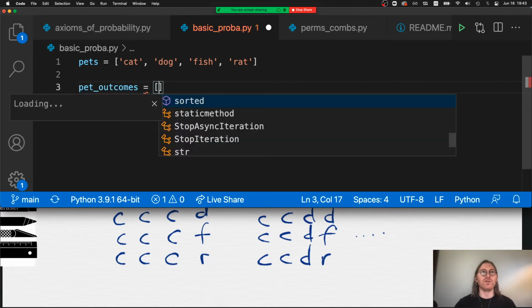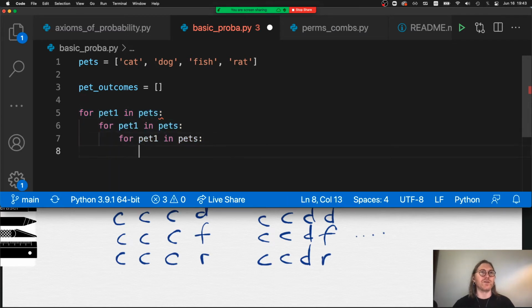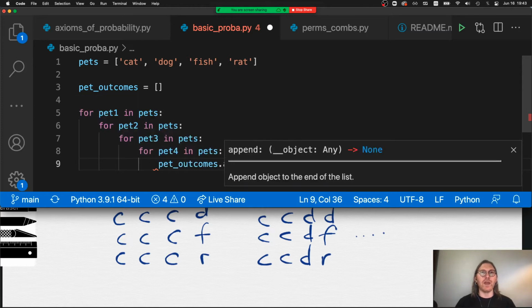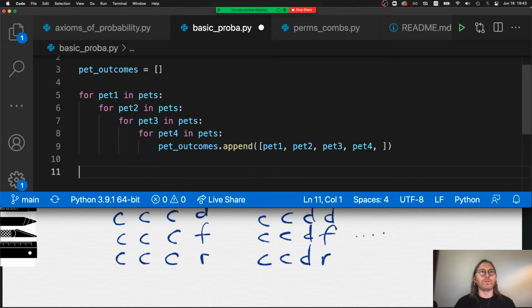we're going to collect into an empty list, and I'm going to say for pet 1, our first pet selected from pets, and then this is very straightforward, really. It's just going to be pet 1, pet 2, pet 3, and pet 4. And then we can say pet outcomes.append. We can append a list that contains pet 1, pet 2, pet 3, and pet 4. So let's look at all of these.